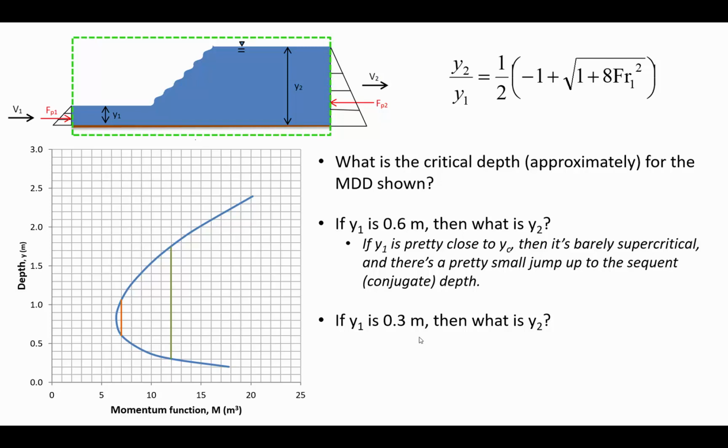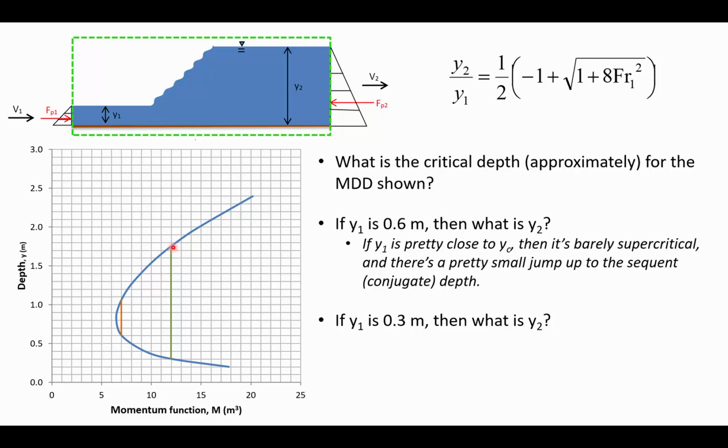So follow along. If you have your beginning depth equal to 0.3, we would go over, up. The length of this line represents how big the hydraulic jump is. And so it's jumping from 0.3 meters all the way up to more than 1.7.